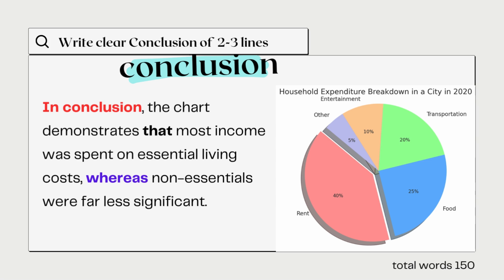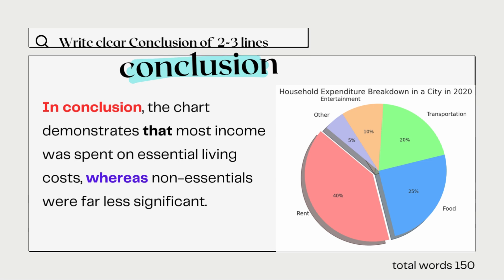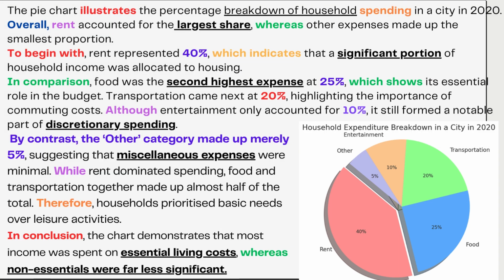Now I'm gonna give you a whole slide that would have the introduction, body paragraph, and conclusion along with the pie chart, so you can study the pie chart side by side. You can read what I have written, how I have written the introduction, body paragraphs, and conclusion, how you have to write the connectors, how you need to connect those ideas by using such words.